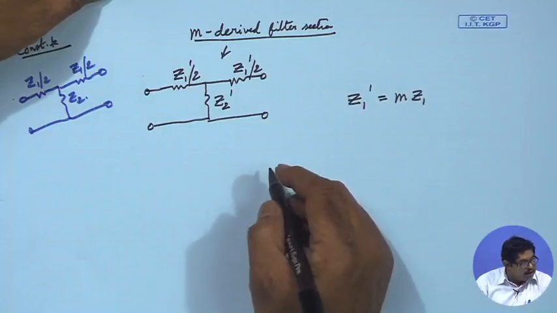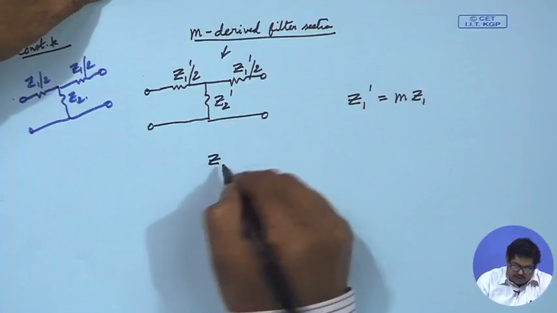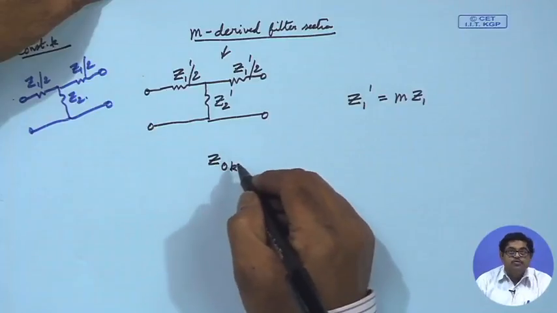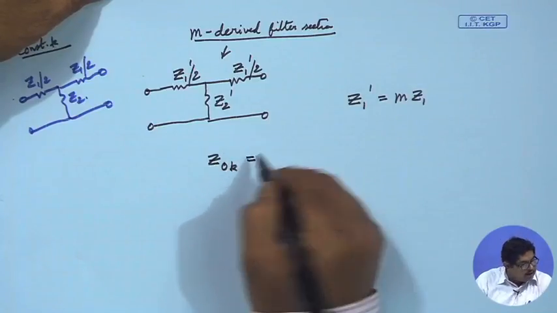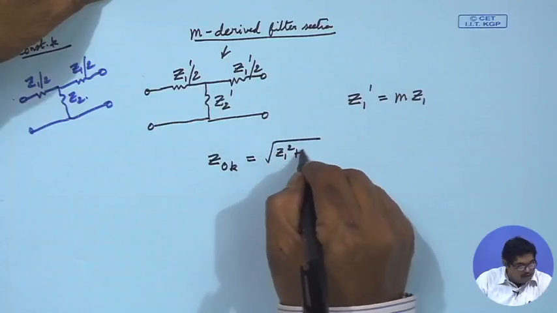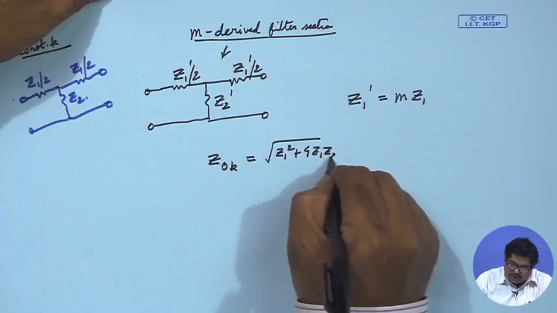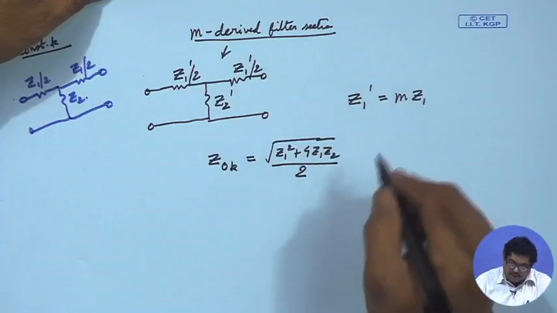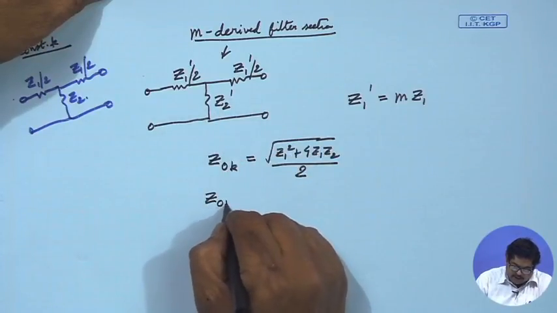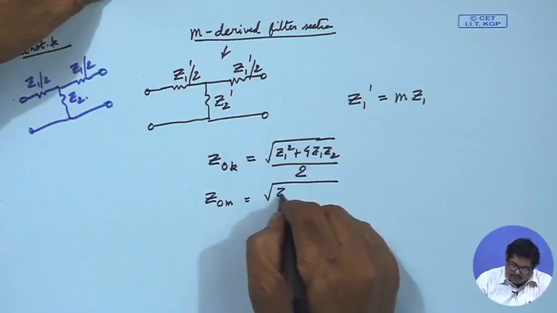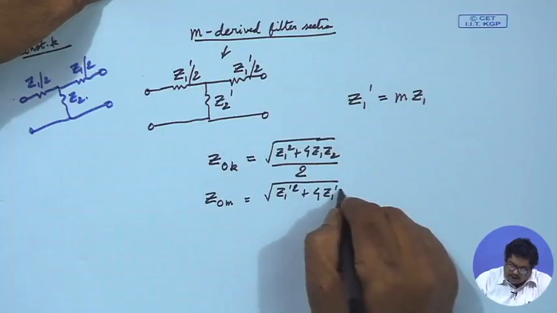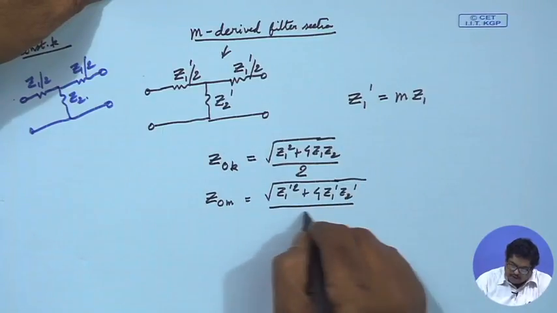So, what was the characteristic impedance of constant k? If I call that Z naught, this time I am using a subscript k to remind you that this is constant k, that was root over Z1 square plus 4 Z1 Z2 by 2, and the new m-derived filter characteristic impedance will be root over Z1 dash square plus 4 Z1 dash Z2 dash by 2.